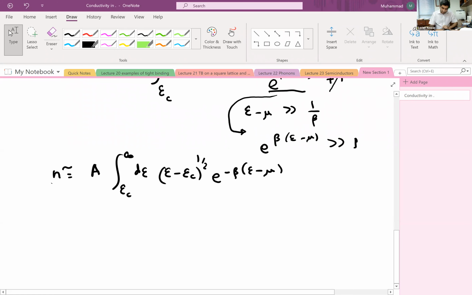Now, does this look like some other occupancy factor that you normally encounter in statistical mechanics? Does this ring a bell? This factor here.